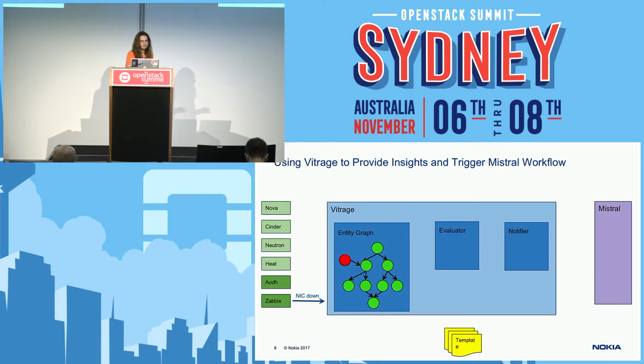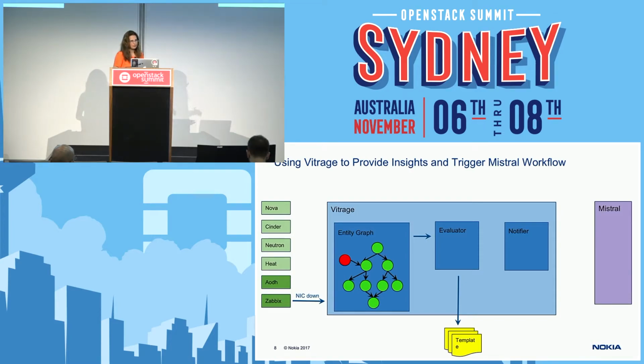Other than the entity graph, Vitrage has an evaluator component. The evaluator is responsible for evaluating changes in the graph against templates, like you just saw in the demo. The Vitrage evaluator checked if there is a template that matches a case where the NIC is down and the NIC is attached to a host. And there was such a template.